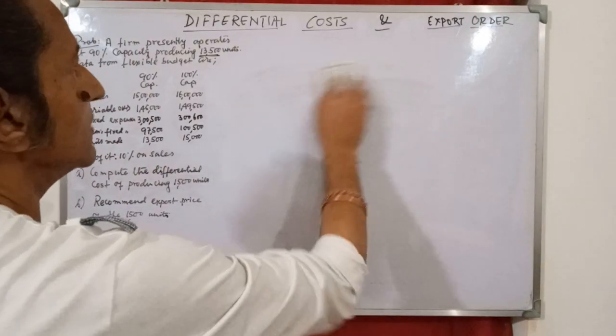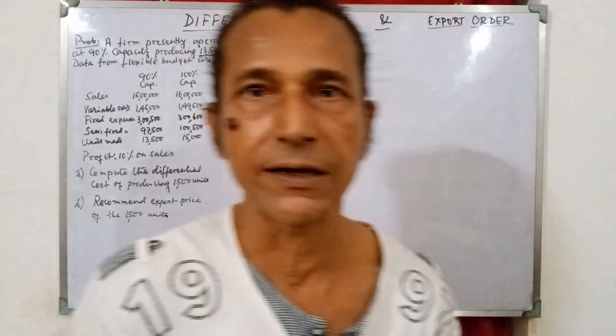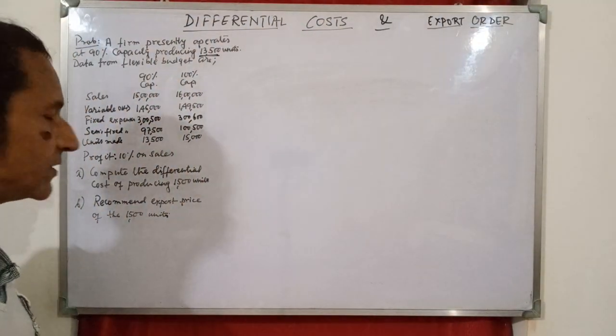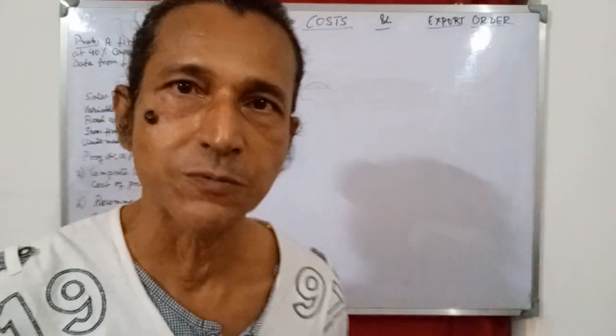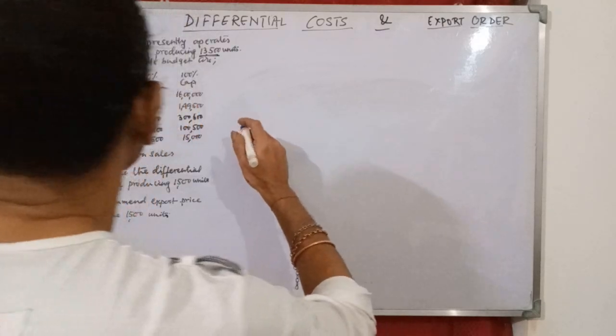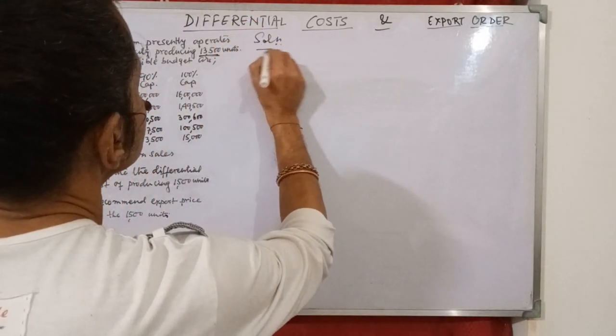Now we have to find out the differential cost of producing the additional 1500 units and what would be the minimum price of that export order. I am solving the problem here. Before that, I have to make some workings.